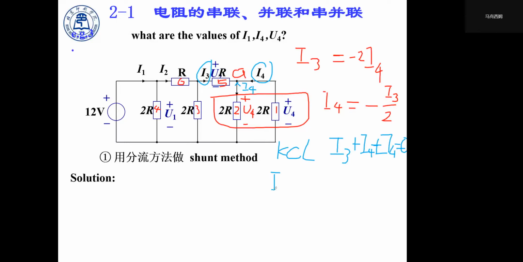So I3 equals 2 times I4, which means I4 equals the negative half of I3. So you copy this part.